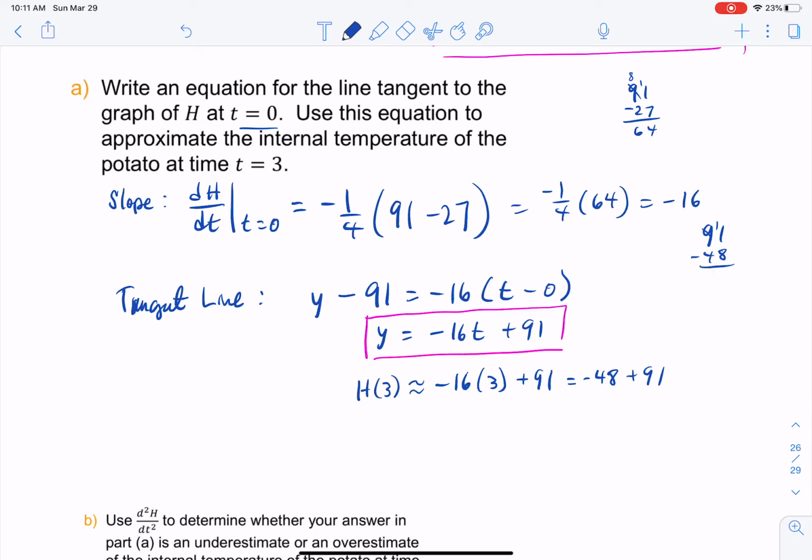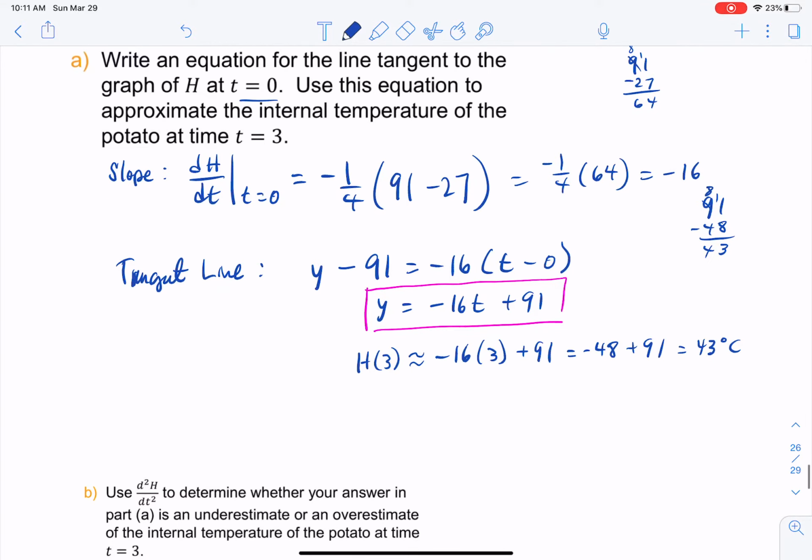Borrow 1 again, a 3 and a 4 to get a positive 43 degrees Celsius. So our conclusion here is that h of 3, with this basically local linearity idea, is approximately equal to 43 degrees Celsius.